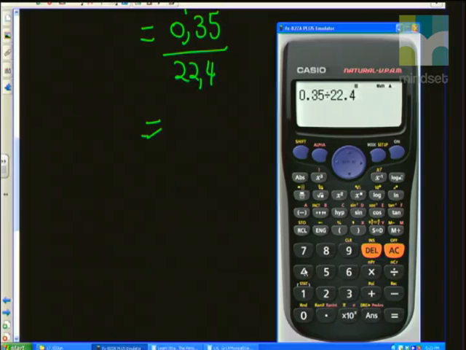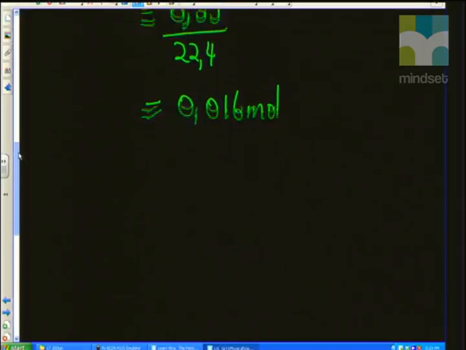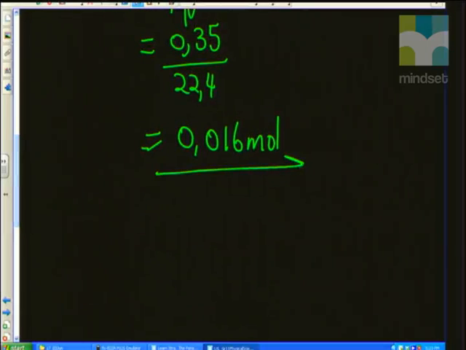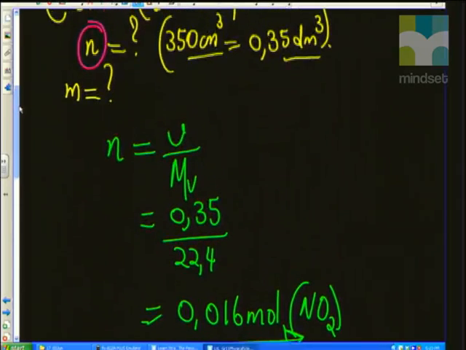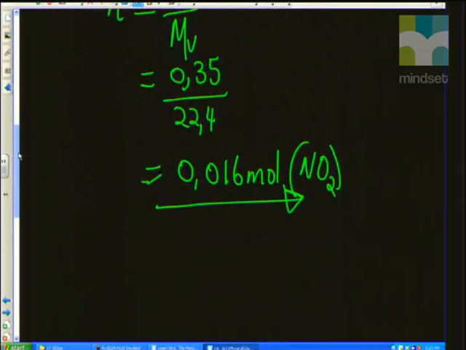So that is 0.016 moles. So we've got 0.016 moles of what? Remember, of nitrogen dioxide. The question wants us to find the mass of nitrogen dioxide in that container.